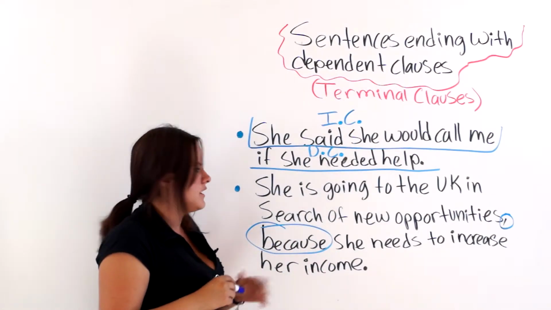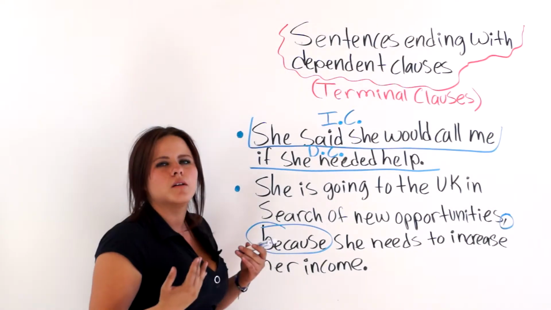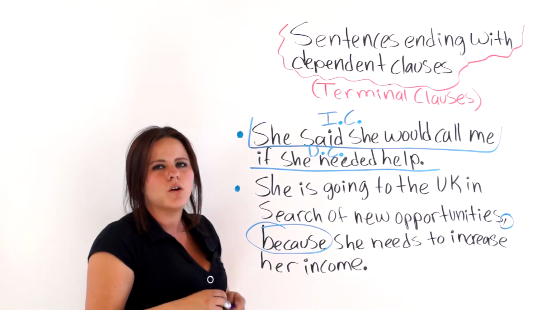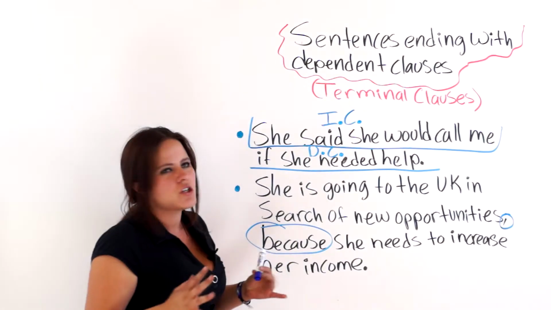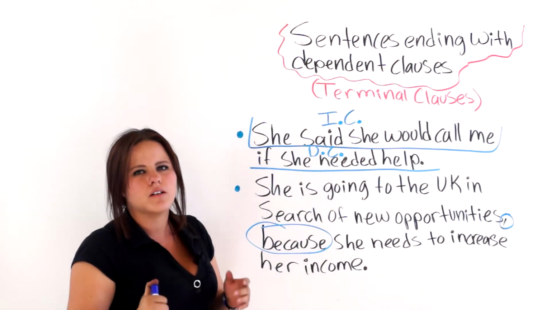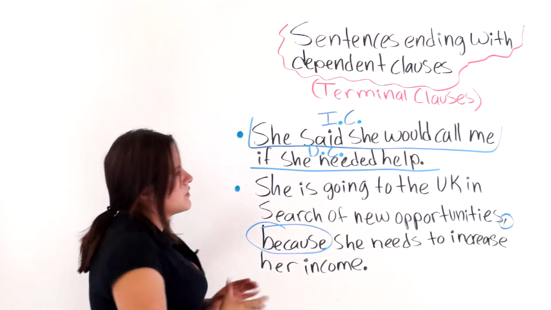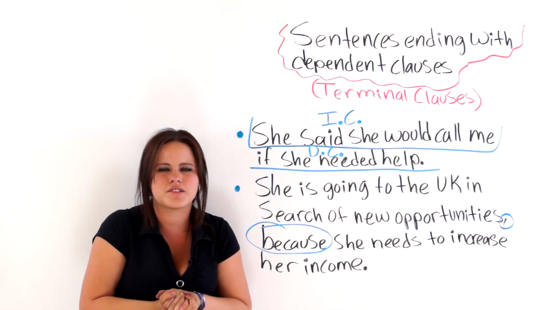We have a comma and a conjunction, like if you were to punctuate a compound sentence. But we will not always need a comma and a conjunction when punctuating a sentence that ends with a dependent clause, or a complex sentence. Next, I will give you more examples so that you can expand your knowledge on this topic.